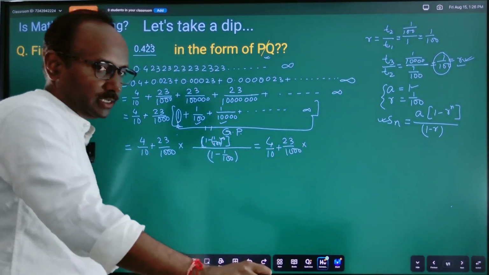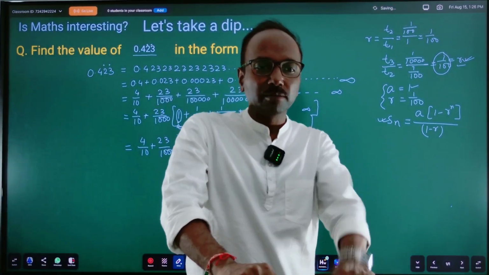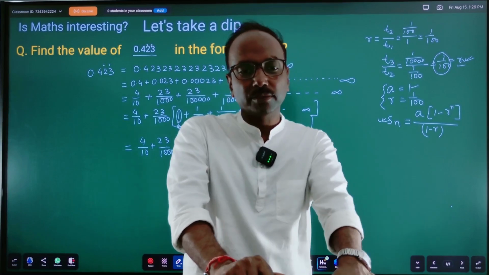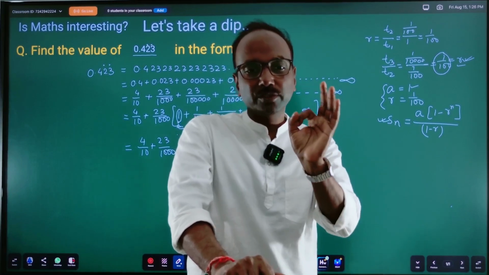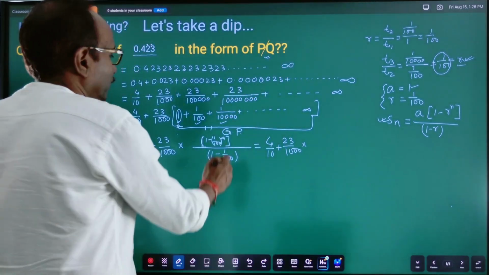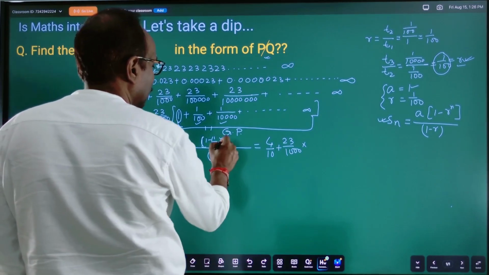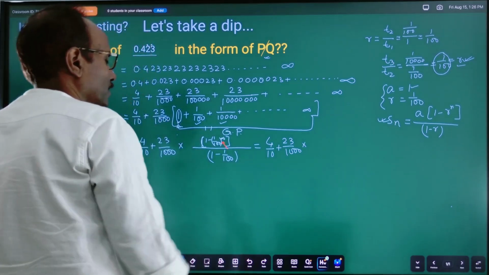When a number is less than 1 and raised to the power infinite, meaning multiplied infinite times, the value becomes 0. So this term will become 0.